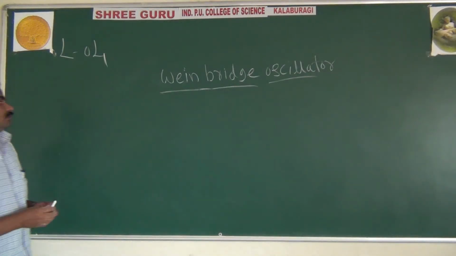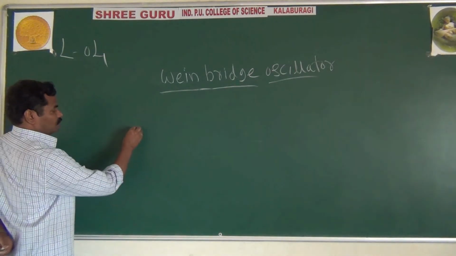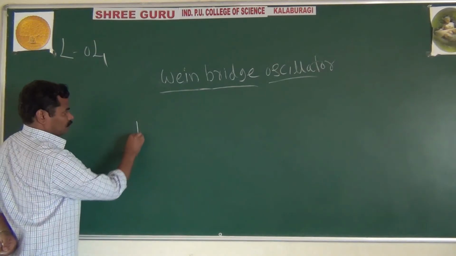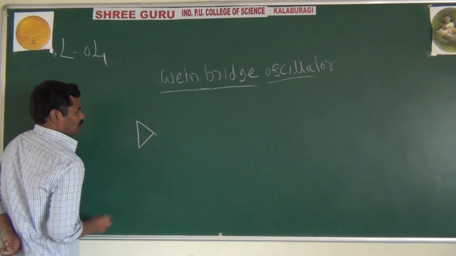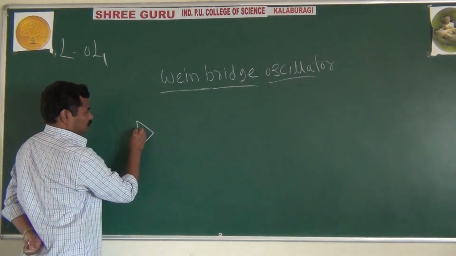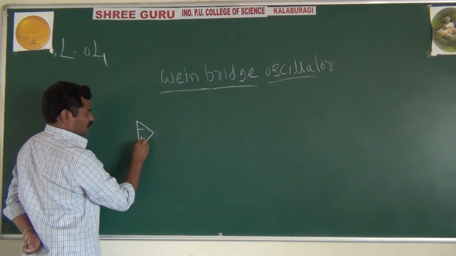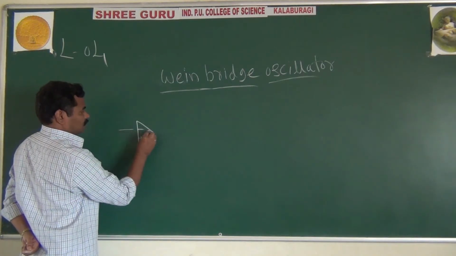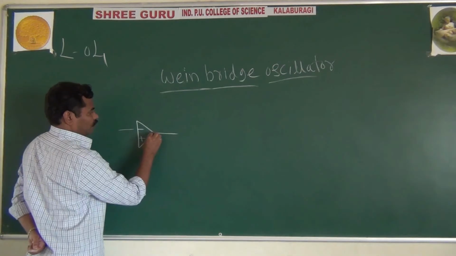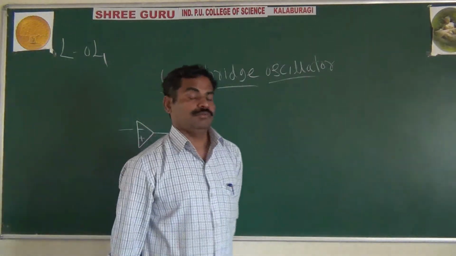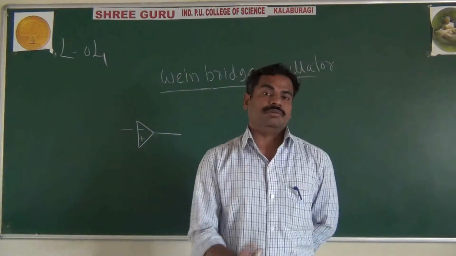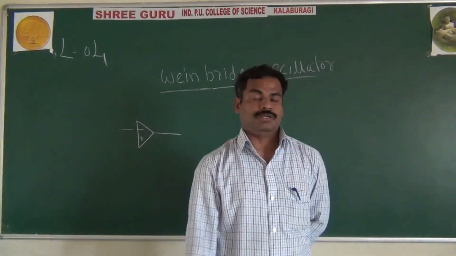And here we will draw the diagram once again. What is interesting here is that in the Wien bridge oscillator you are considering both the inverting terminal as well as the non-inverting terminal.